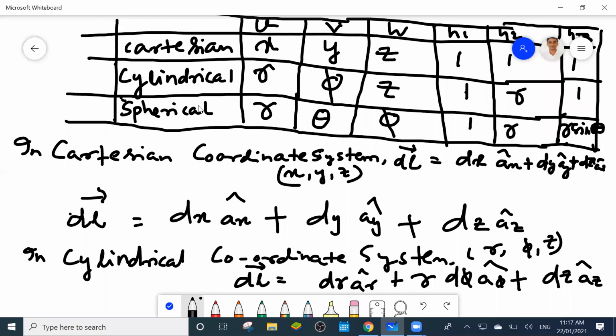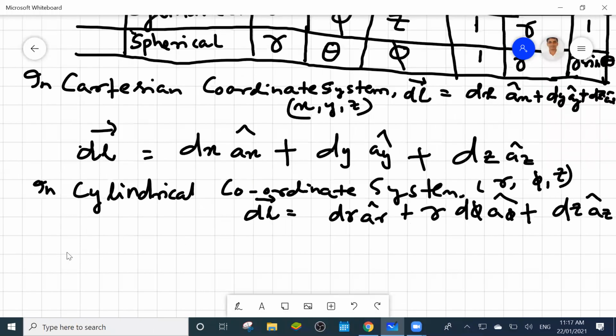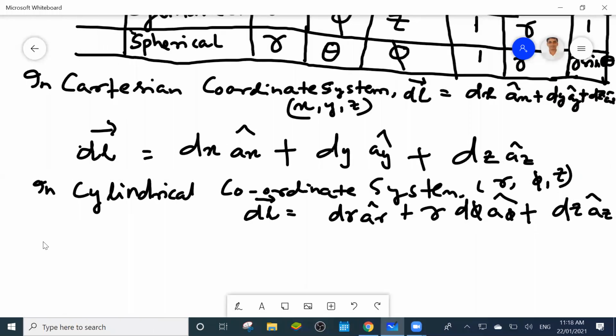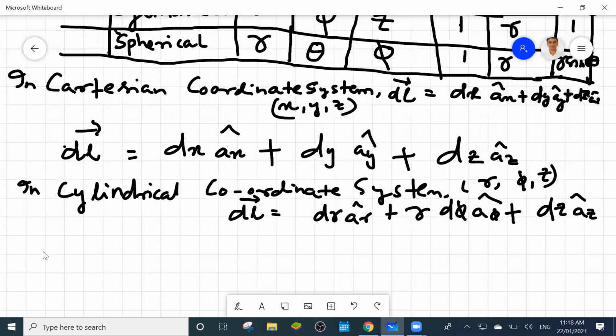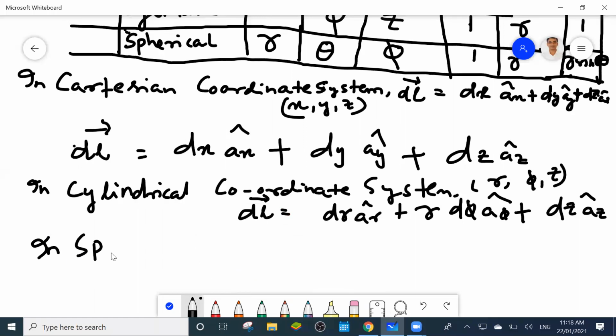Then similarly, see here, the spherical coordinate system. Write in terms of the spherical coordinate system. What is the dL value?